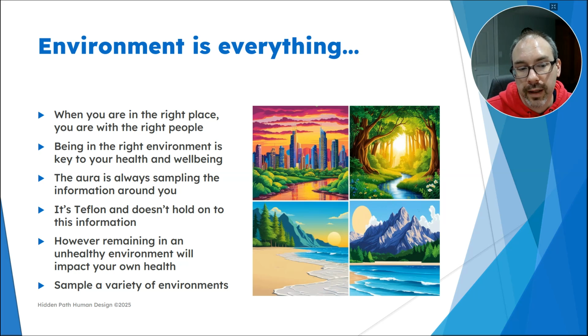The reflector aura is always sampling the information around. So no matter where you are, you're taking samples from everybody. However, that information isn't sticking inside of you. You're not absorbing it and holding on to it forever and ever.